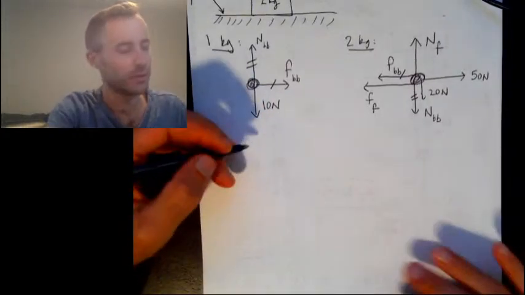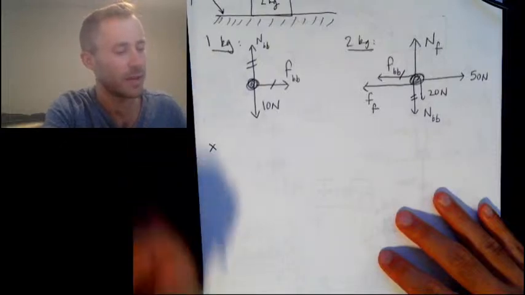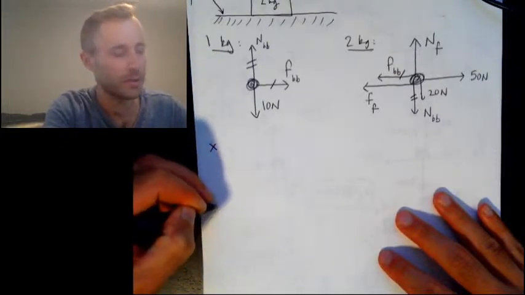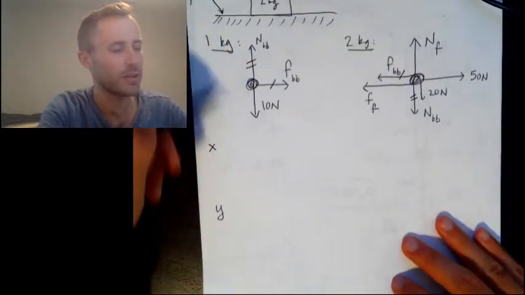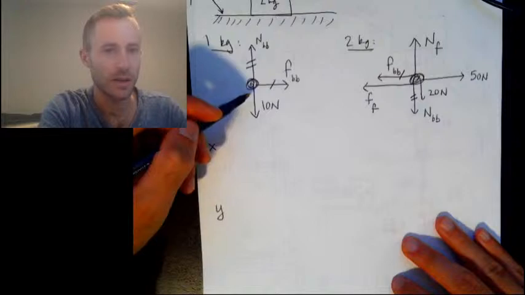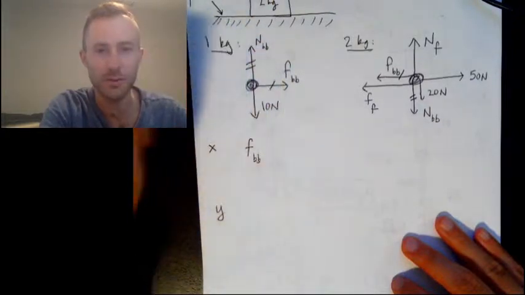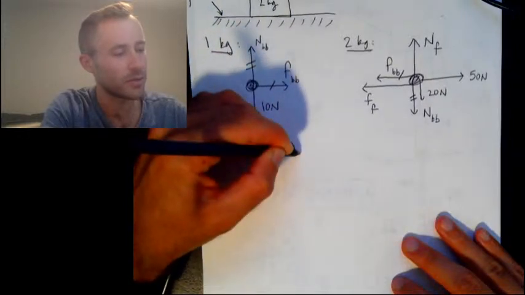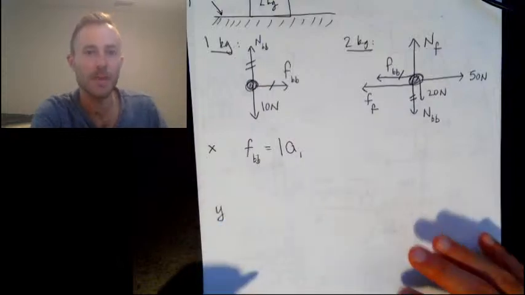So once we've done our free body diagrams, we're going to do Newton's second law in the x direction and in the y direction for each block. For the 1 kilogram block, in the x direction, it has FBB. That's the only force, so that's the net force in the x direction, and that equals 1 times the acceleration of the 1 kilogram block. Net force equals ma.